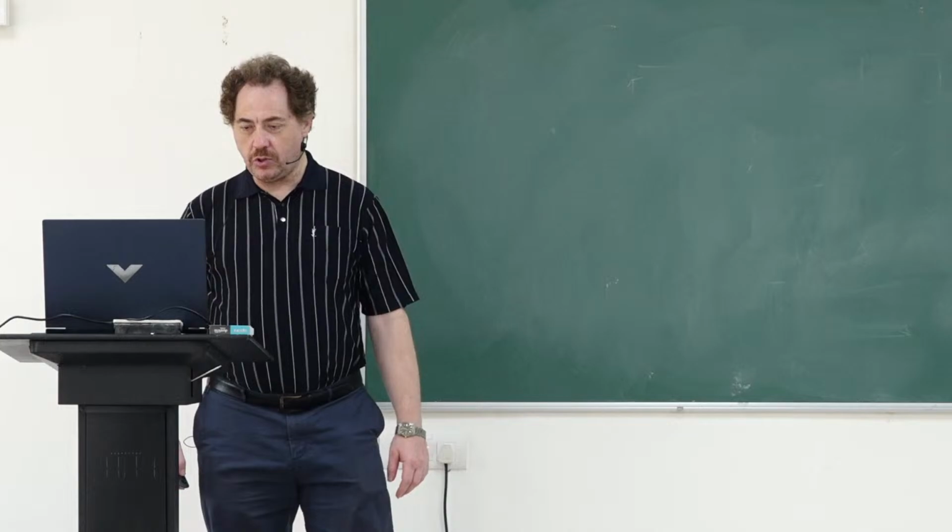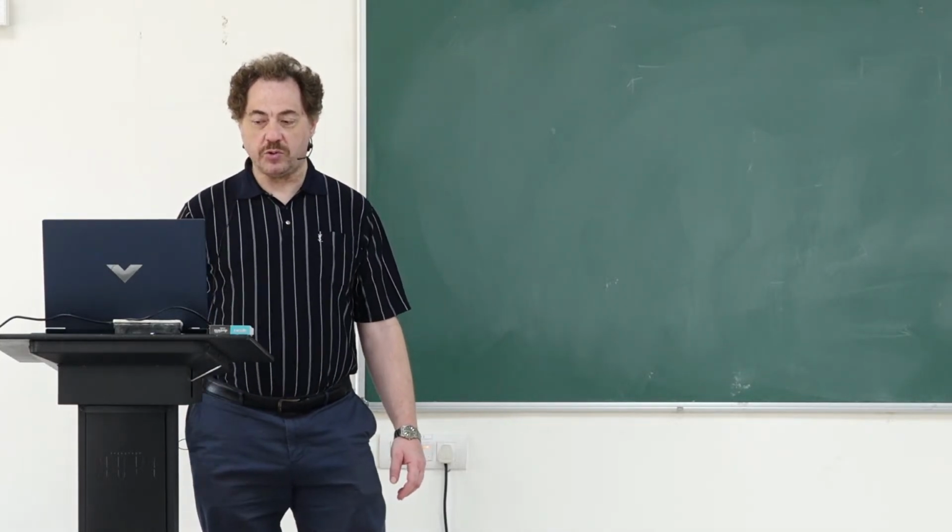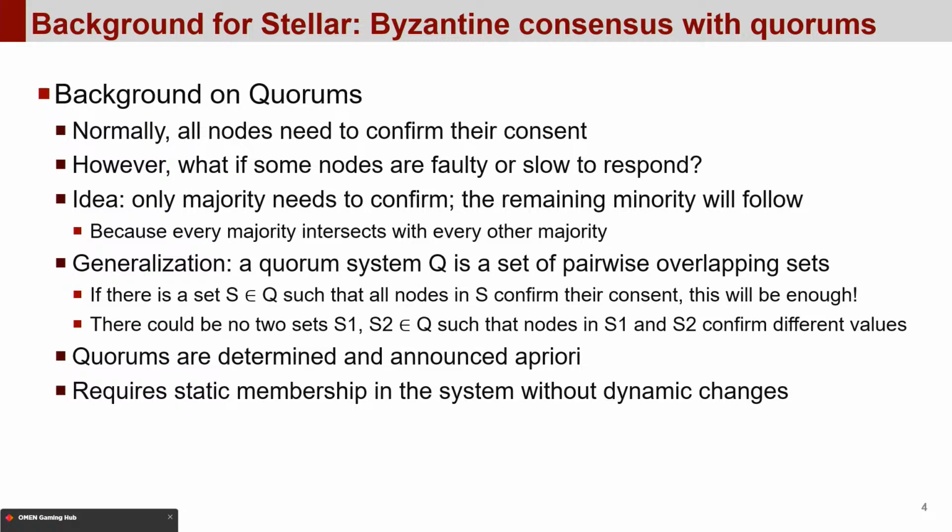Normally all nodes need to confirm their consent. However, what if some nodes are faulty or slow to respond? That's the motivation for using quorums. For majority, only a majority needs to confirm, and the remaining minority will follow. So how do we generalize it?